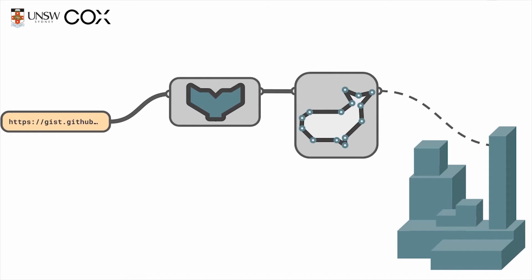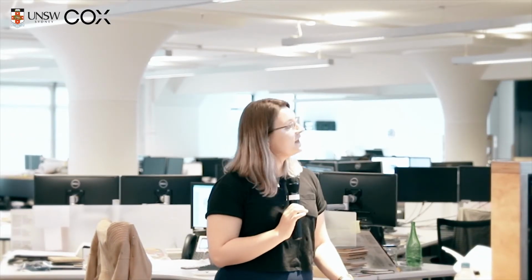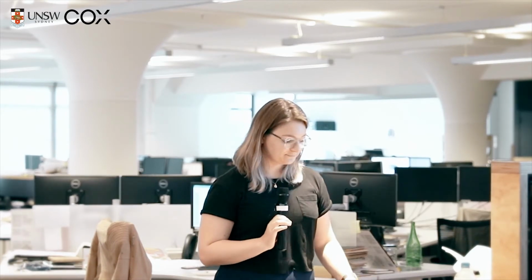So using the link generated by Dugong, we can import the GeoJSON with Minky and convert it to usable geometry using Humpback. So this allows us to develop the sketch further and streamline the preliminary design processes and feasibility study. And this completes our life cycle.